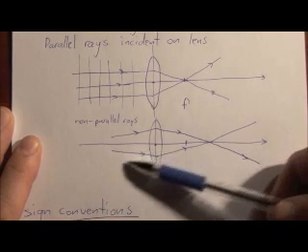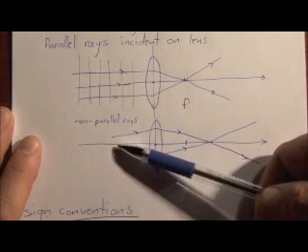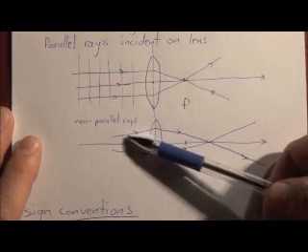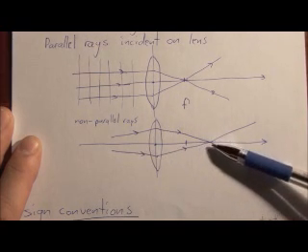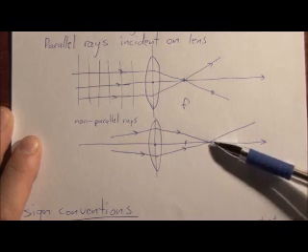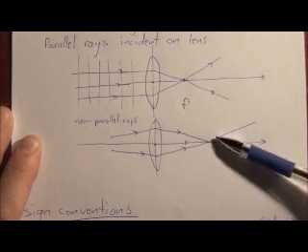For example, if the rays are diverging as they hit the lens, then the lens will focus the rays beyond the focal length.